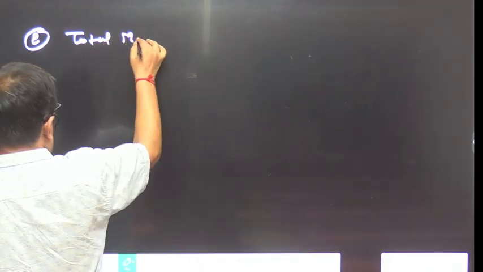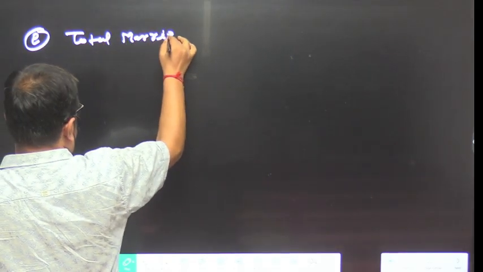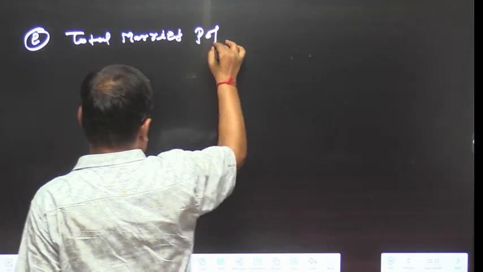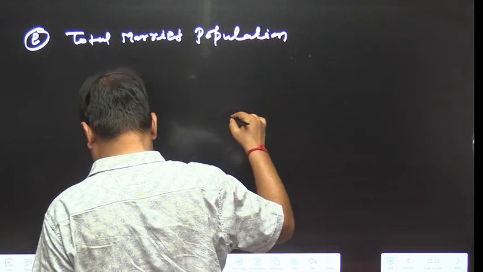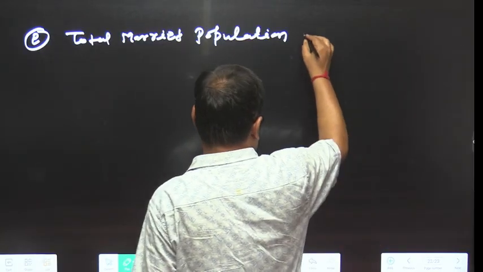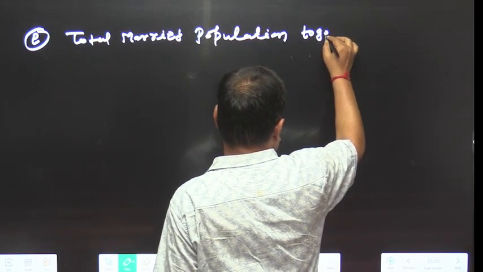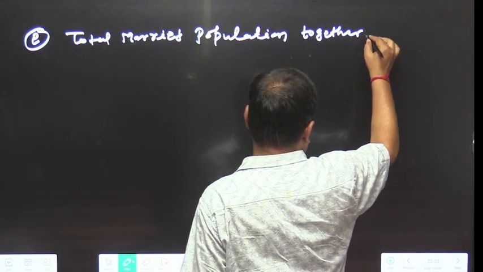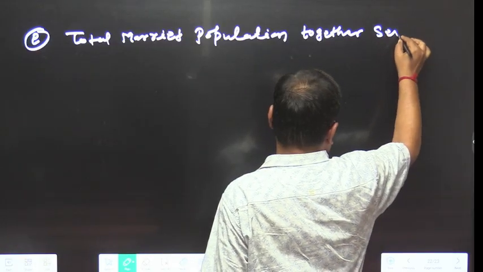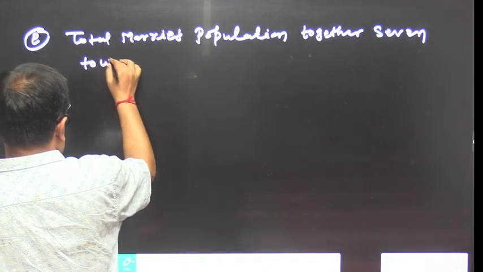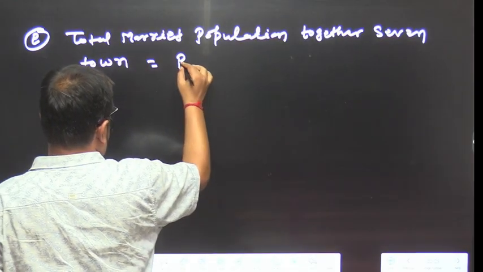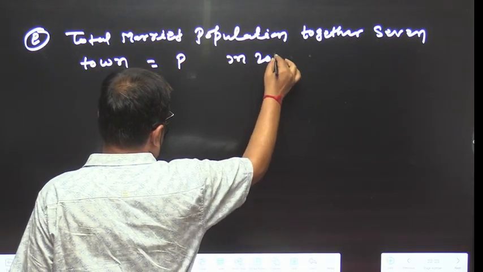Total married population together of 7 town equals to P in 2010.